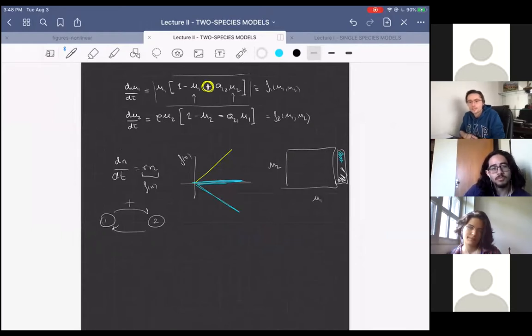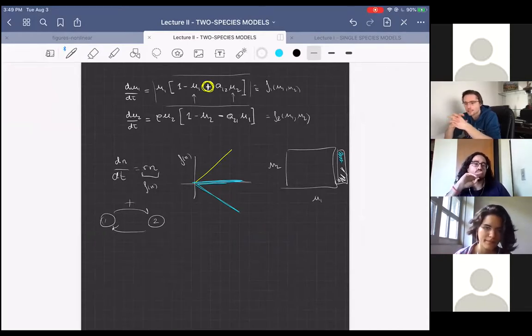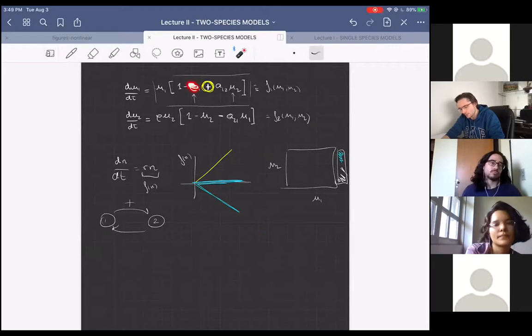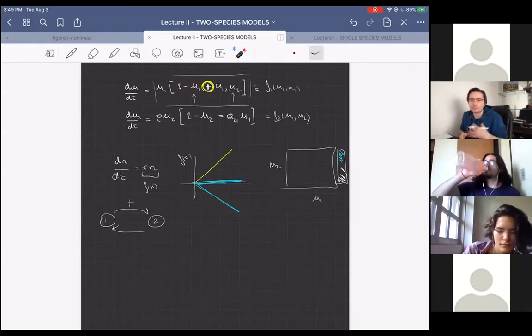Okay, so this is a straightforward way of accounting for these different interactions if I have two species and all these different types of interactions. Of course, there are many different ways to do this. There are some models that do not account for this term and for this intraspecific competition, and they only account for the benefits of predation, and there are many ways of modeling this.